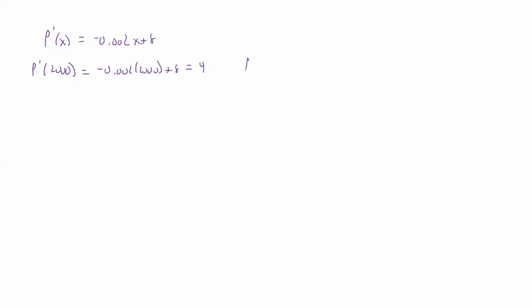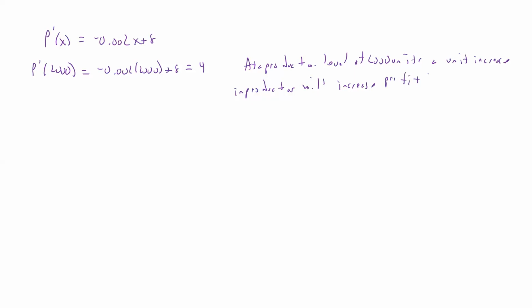And so that means at a production level of 2,000 units, a unit increase in production will increase the profit, since we have a positive, by $4.